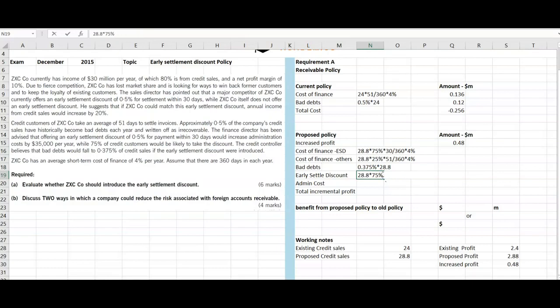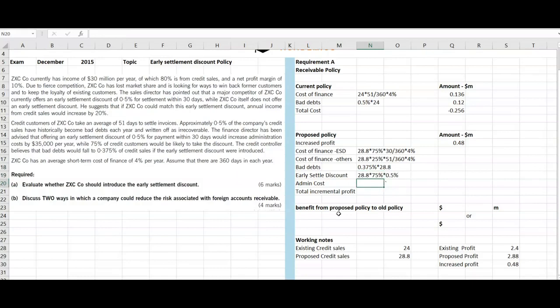What we have to calculate is, for the entire 28.8 into 75% of the credit customers, how much early settlement discount we are going to give. We are going to give 0.5% of early settlement discount. So that is going to be the early settlement discount part.